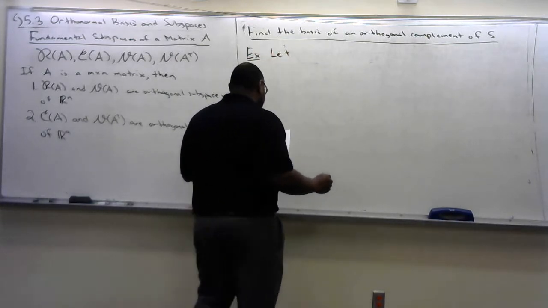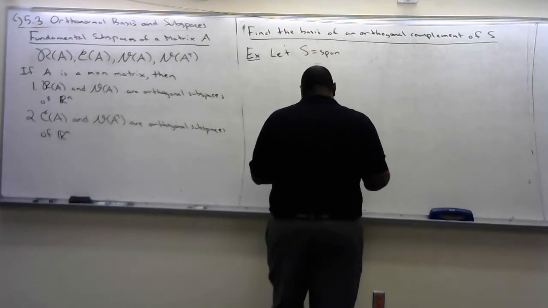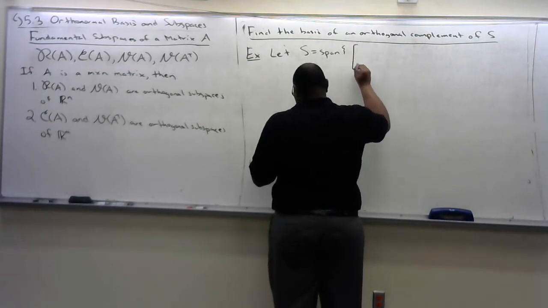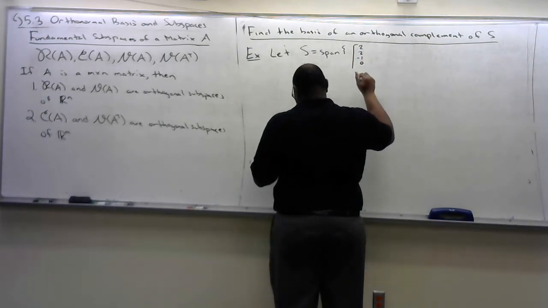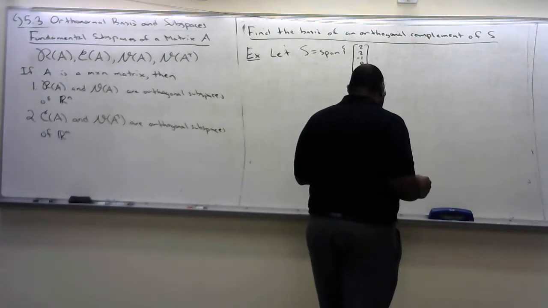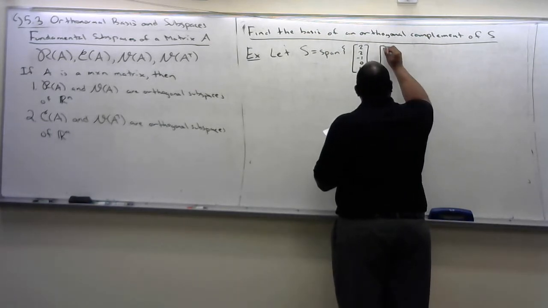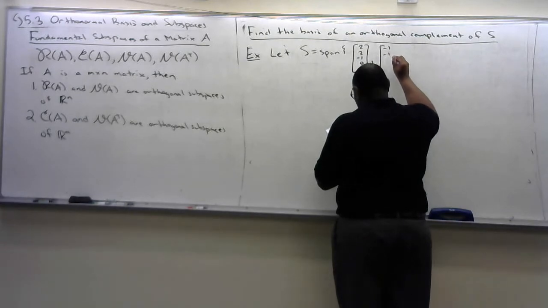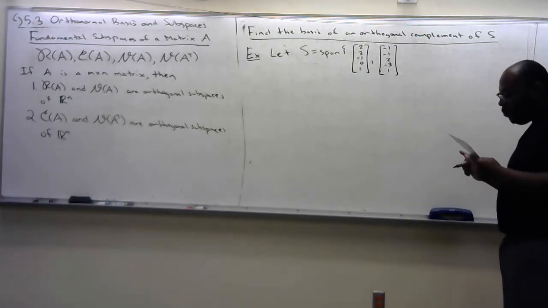I'm going to put here S equal to the span of the vectors 2, 2, -1, 0, 1. Then -1, -1, 2, -3, 1.